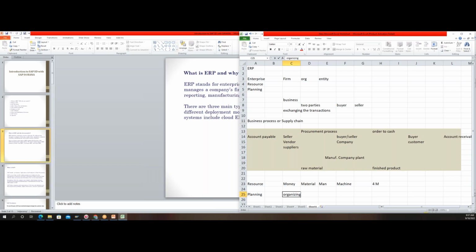You will inform him that there is a shortage of stock and we will organize and get you the stock by end of tomorrow, by end of day after tomorrow. So this is a kind of commitment you can give to your customers based on a certain organizing process. All right.